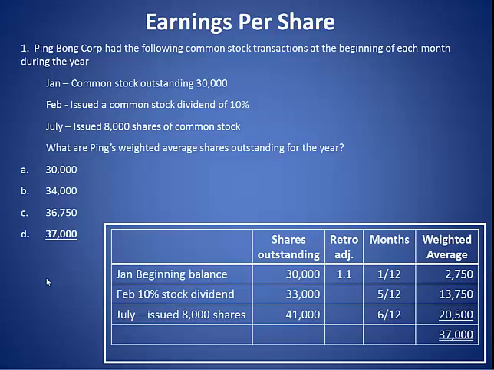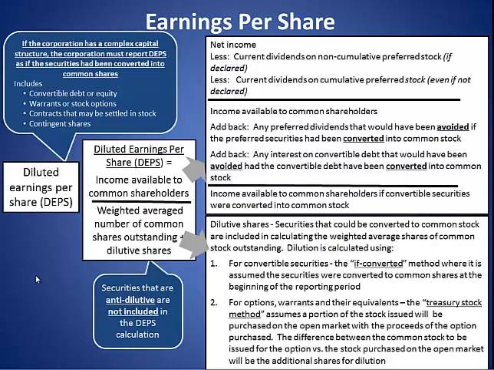Okay, now let's go on and take a look at another category of earnings per share. And we call these diluted earnings per share as opposed to basic earnings per share.